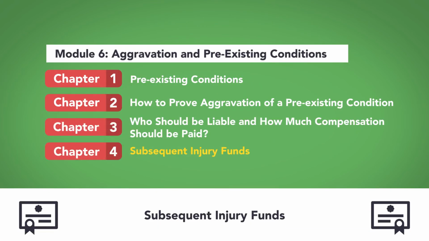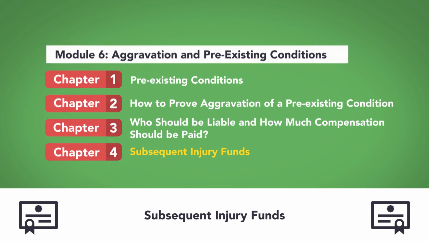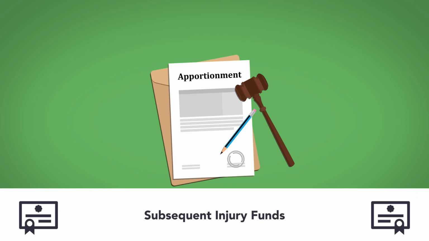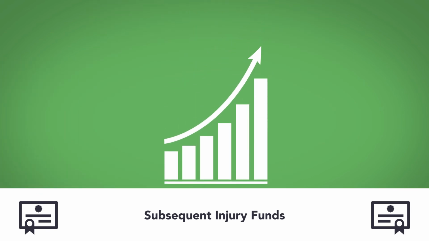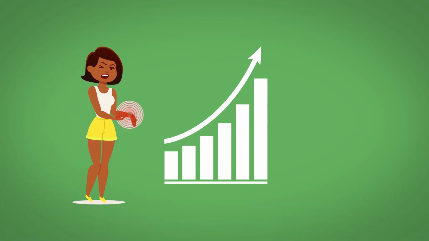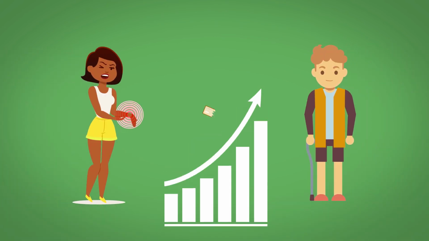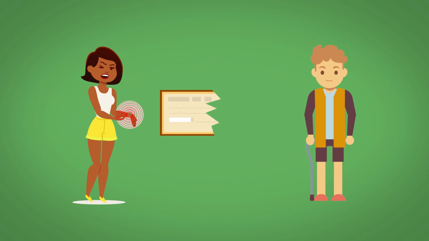Subsequent injury funds. As time passed and more states began using apportionment to calculate workers' compensation benefits, increasing numbers of workers with non-work-related pre-existing conditions were left without full compensation for their total level of disability.